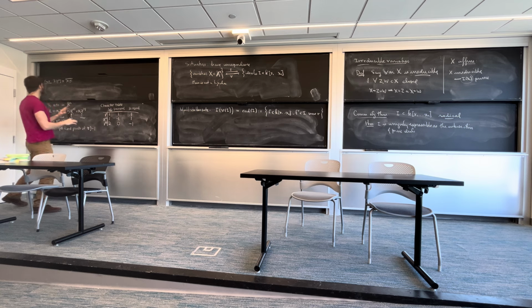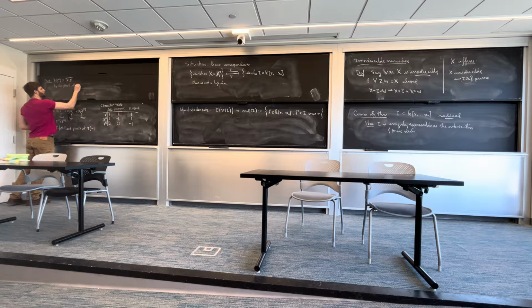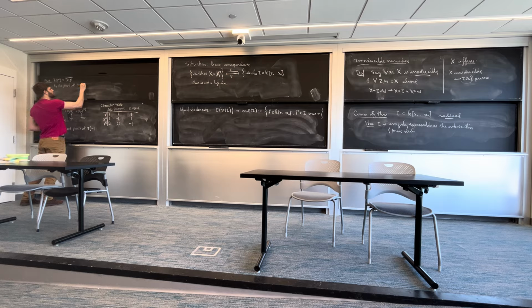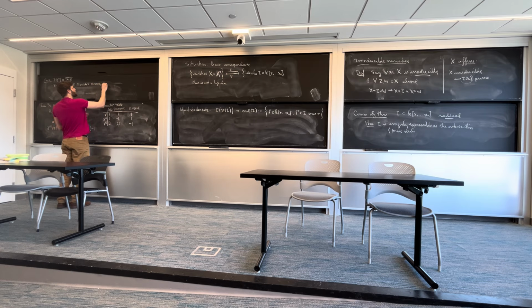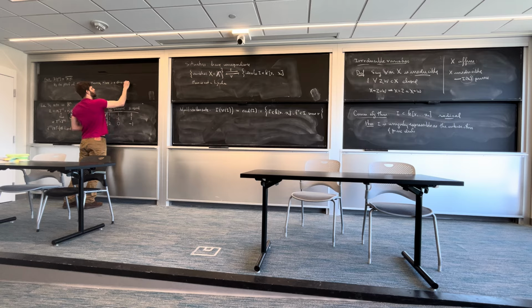So let me just write some words. So by the proof of Maschke's theorem, if we have some representation, there is a, say, G invariant inner product.